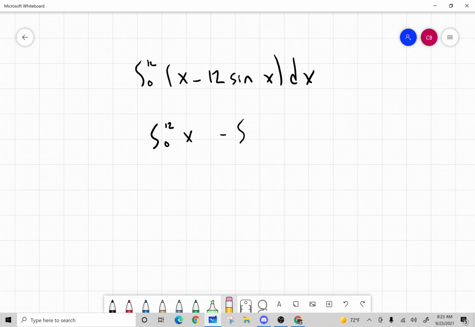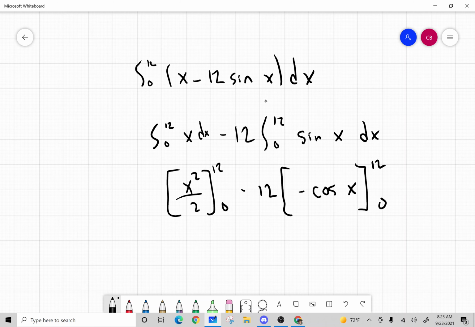We forgot the dx, or I did, dx. Okay, so this is going to be x squared over 2 from 12 to 0 minus 12 times negative cos x, 12 to 0.